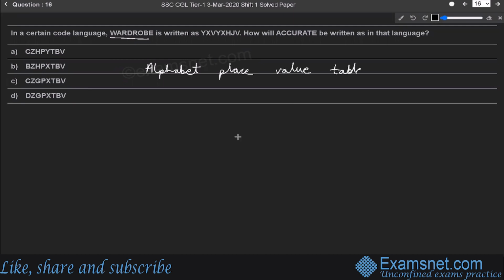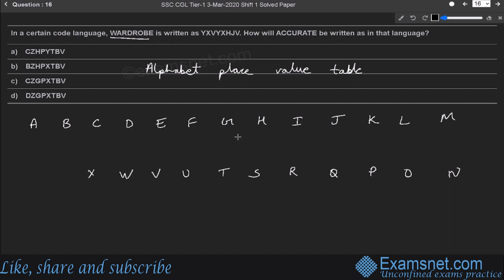So let us make this table first. Writing the alphabets A, B, C, D, E, F, G, H, I, J, K, L, M, N, O, P, Q, R, S, T, U, V, W, X, Y, and Z. Now we have to write their positional value according to the alphabetical order.